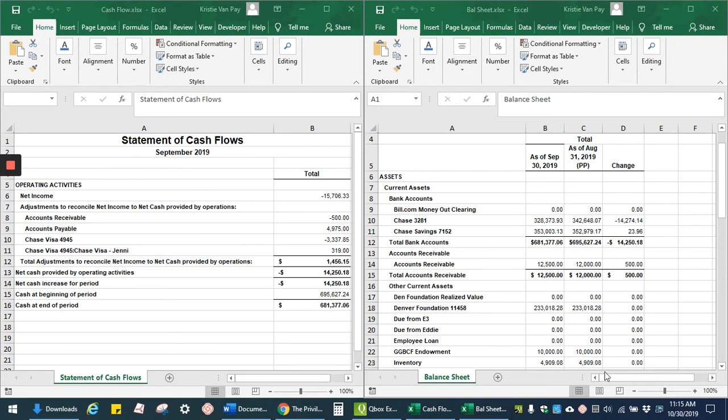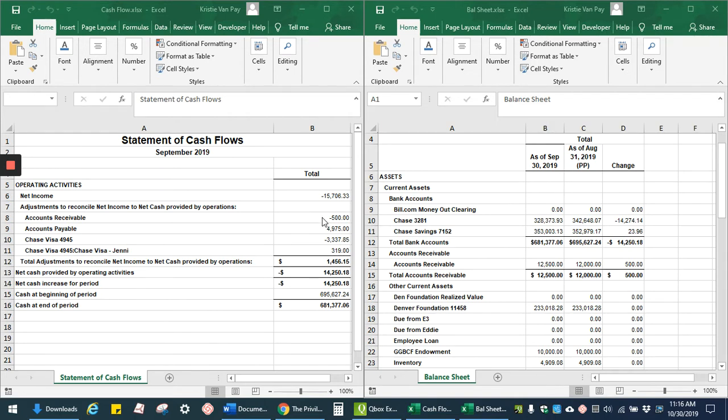Well, if we scroll down this sheet here, we'll see that there was a change in accounts receivable. So at the end of August, we had 12,000 in receivables, but by the end of September, we had 12,500, which means there's $500 of the income that we made that we haven't collected on yet, which means that we have to subtract that from our cash.